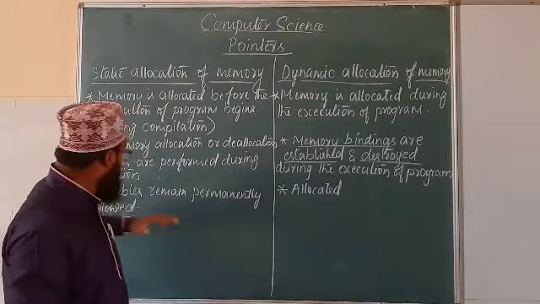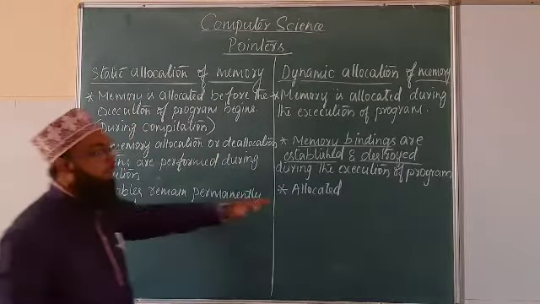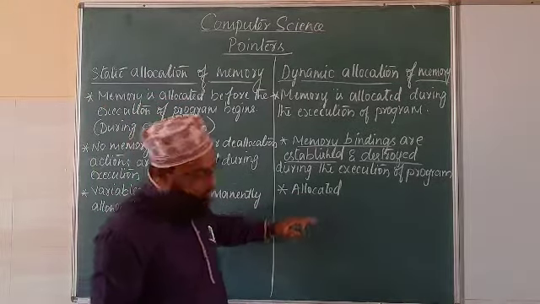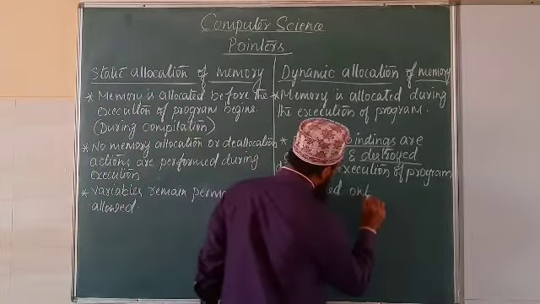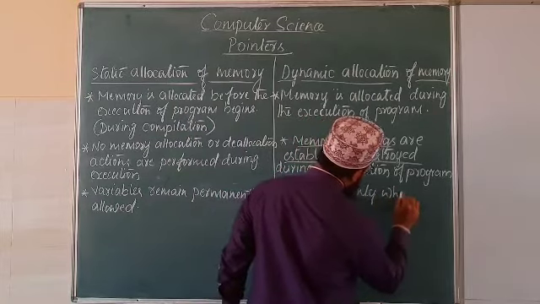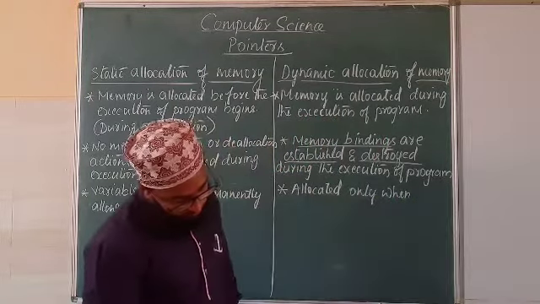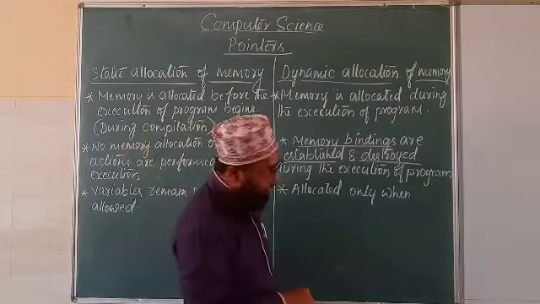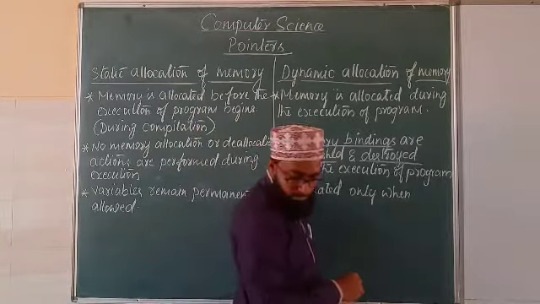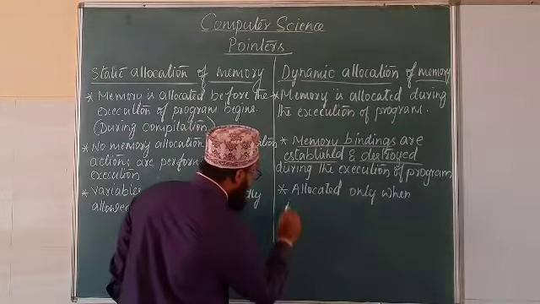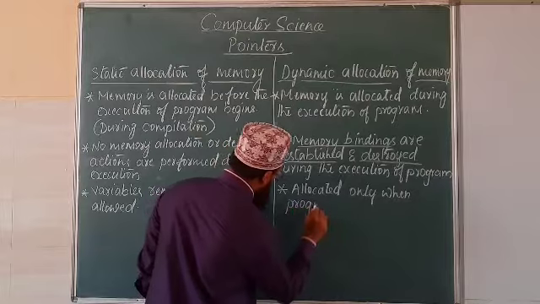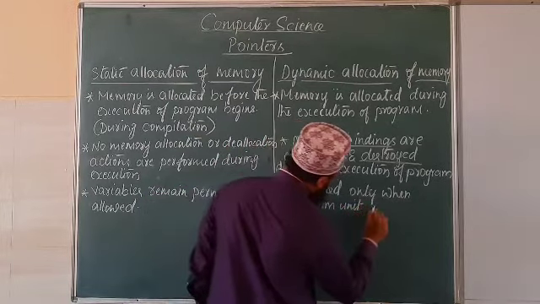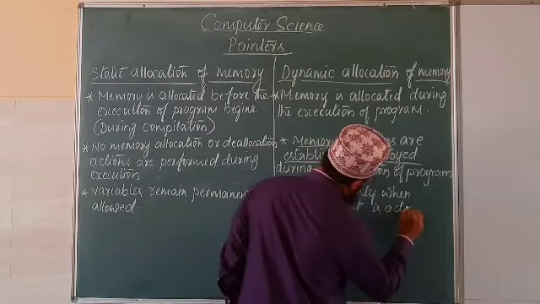This is the third point, and it is a little bit different. In dynamic allocation, memory is allocated only when the program unit is active.